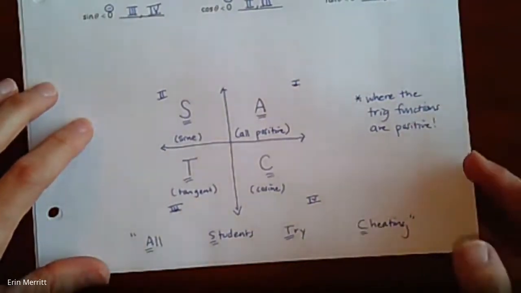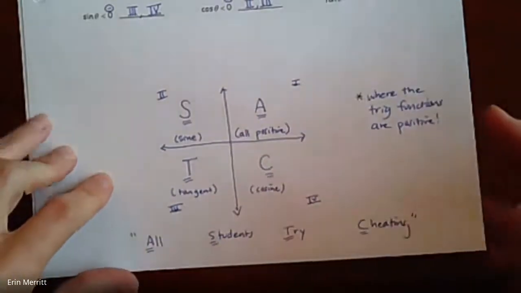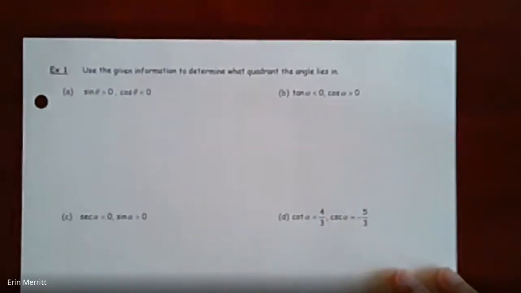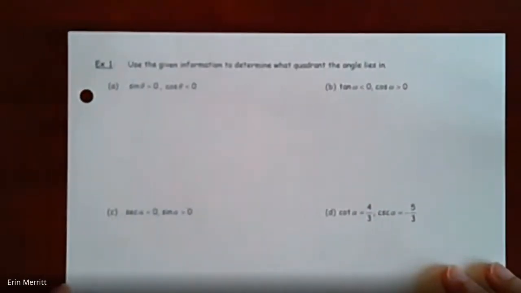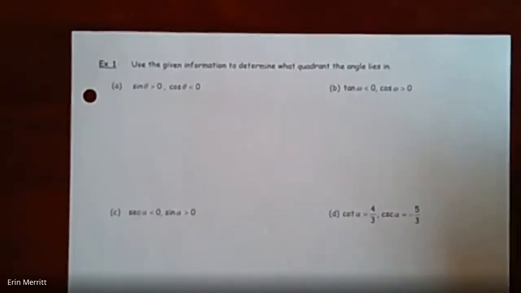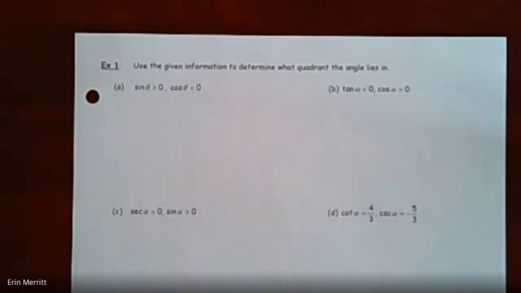So what we're going to do is on the back, it's almost like a little puzzle. The first ones are going to give us clues, and you have to figure out what quadrant the angle is in. So let's flip it on over and take a look. On the back here, if we look at number 1, I know it's a little blurry there. Hopefully you can see it better on your own paper.